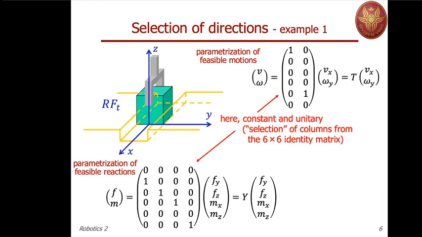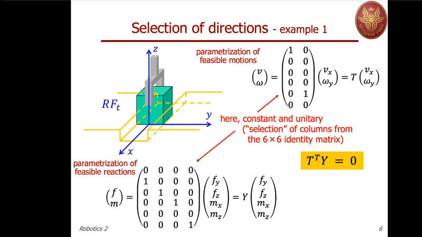But one thing that should be noticed, which is very important, is if you take the scalar product between the transposed columns of matrix T and the columns of matrix Y, you will get this identity. So T transpose Y is equal to 0.